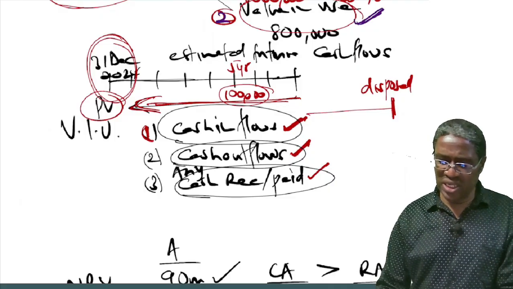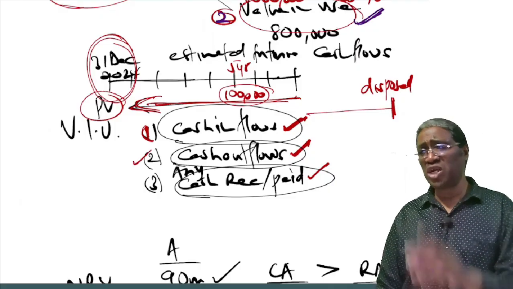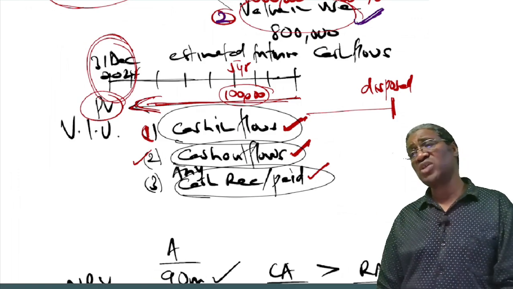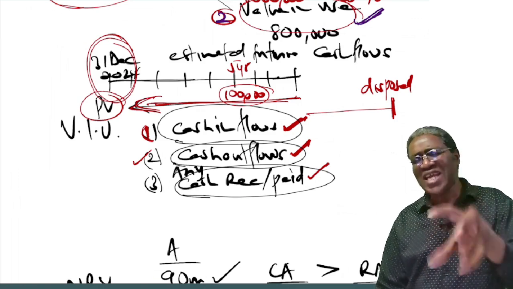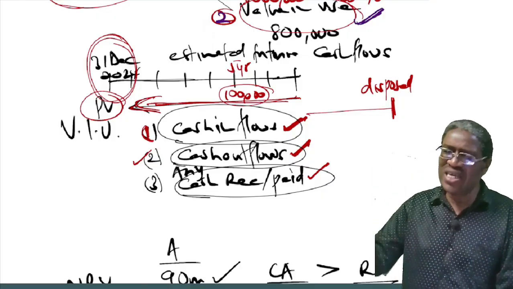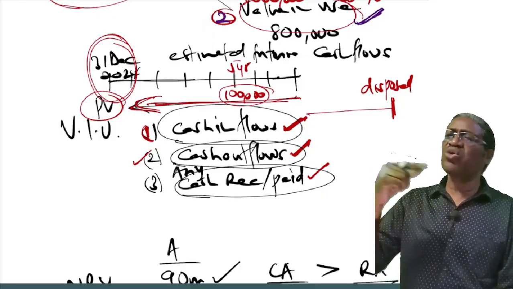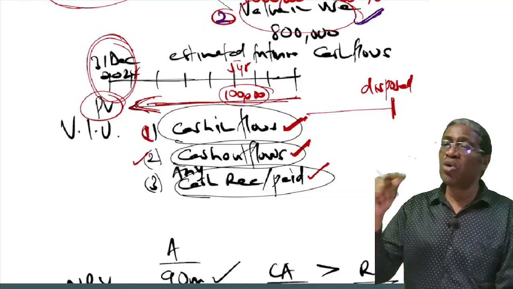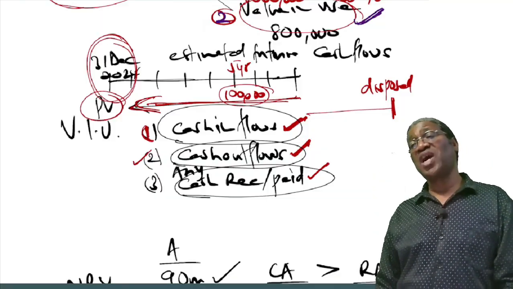Number 2, another component of the cash flow that should be discounted according to the accounting standard is any cash outflow that is necessarily incurred in order to help the company to generate more cash inflow from the use of that asset.